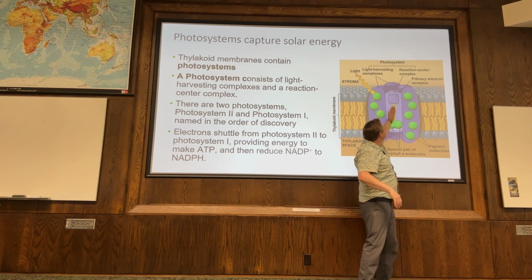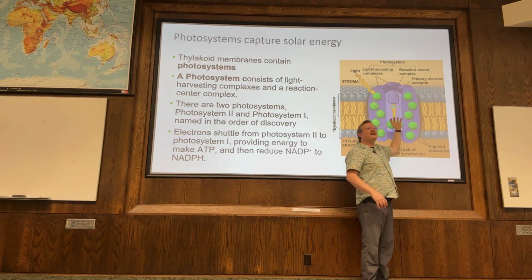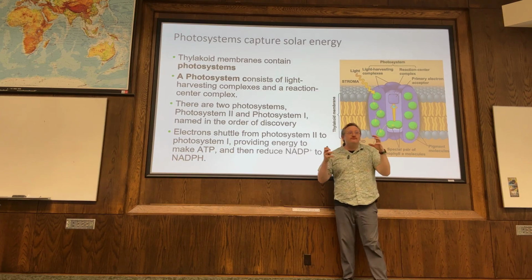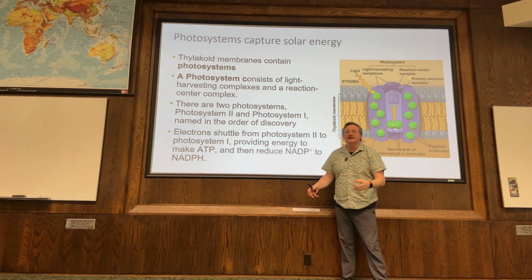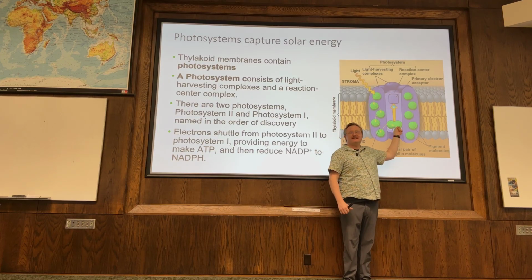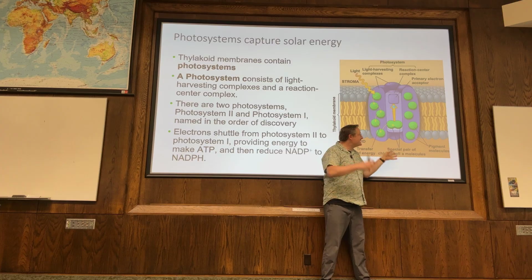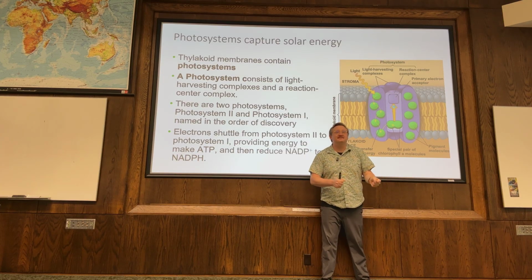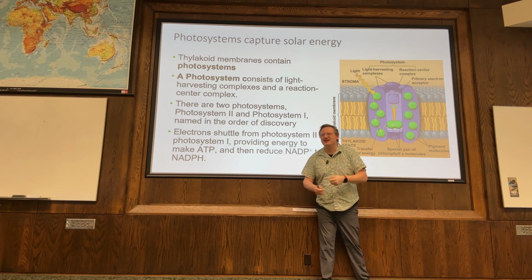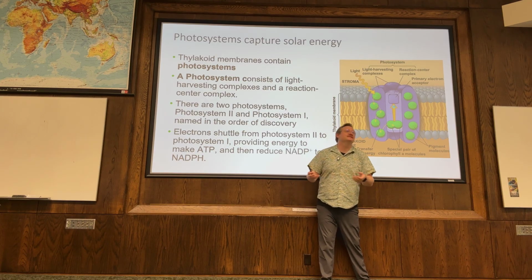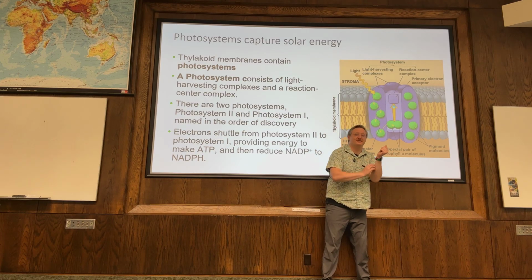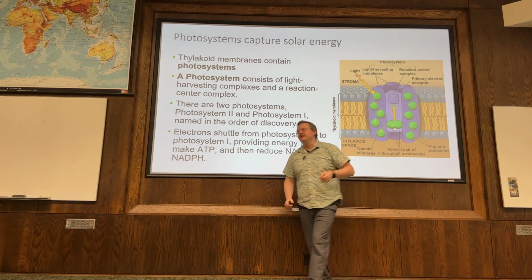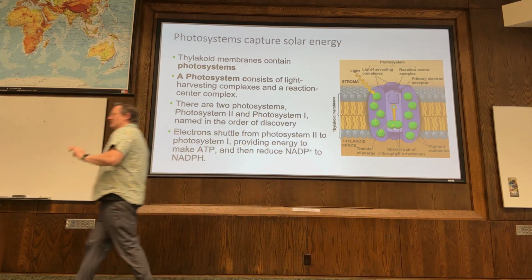You blast an electron off of this with all that energy, and now it really wants another electron. It was holding on to that electron very tightly. So it's going to take that electron from a low energy state source. It could be water or a very electronegative electron carrier. Anyways, don't worry, we'll see that a little bit more.